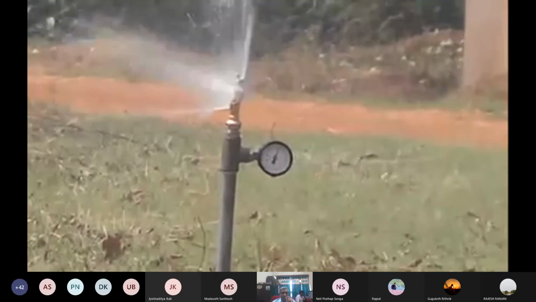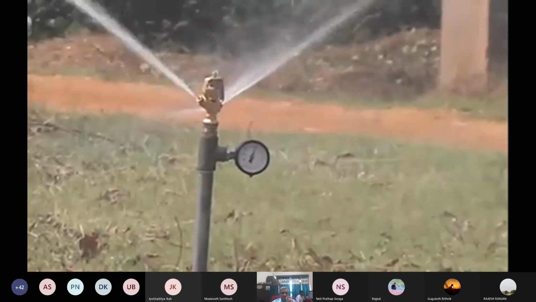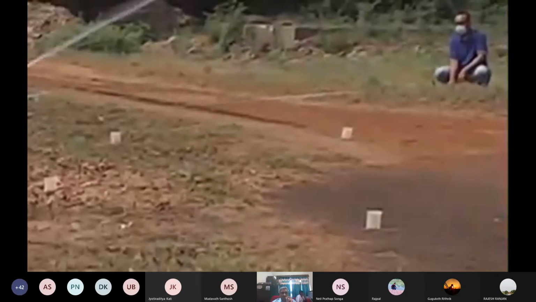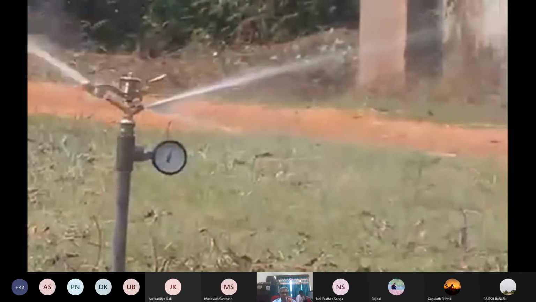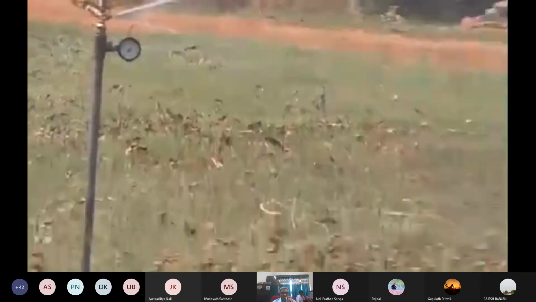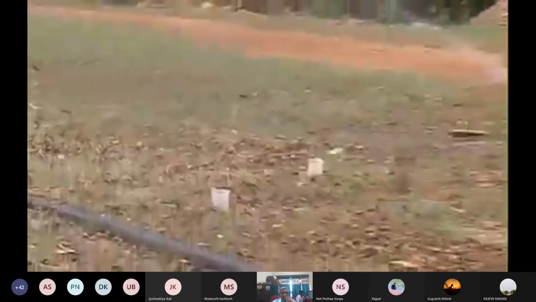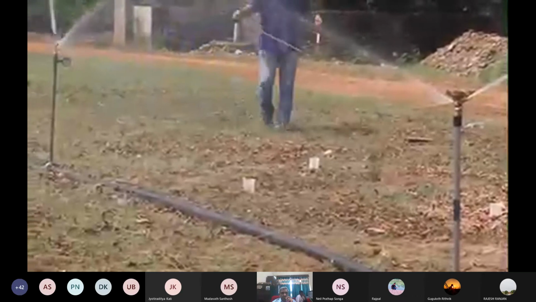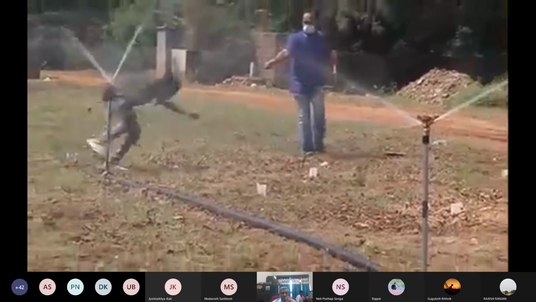Another observation, what you see, there are measuring cans. The depth of water collected in a given time will be used to find out the uniformity of water distribution.